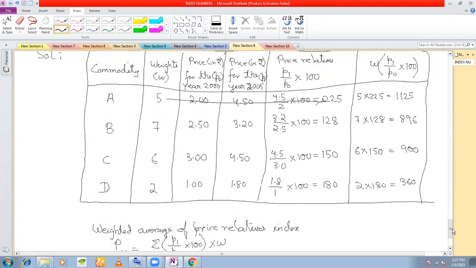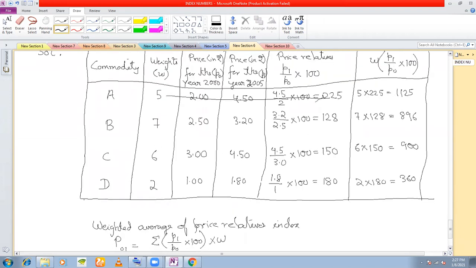So you need summation W. So what you do is you sum up this column. Okay, summation W, sum of the weights here in this case is 20.